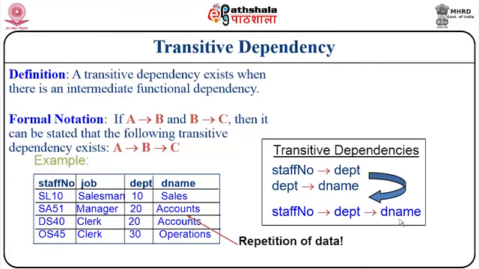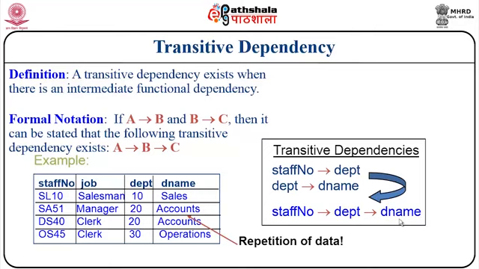So department name is dependent only on department and not on staff number. So we are taking out department name and creating a new relation, department, with department name as a separate relation, and not having staff number, department, department name together. So this is called a transitive dependency.